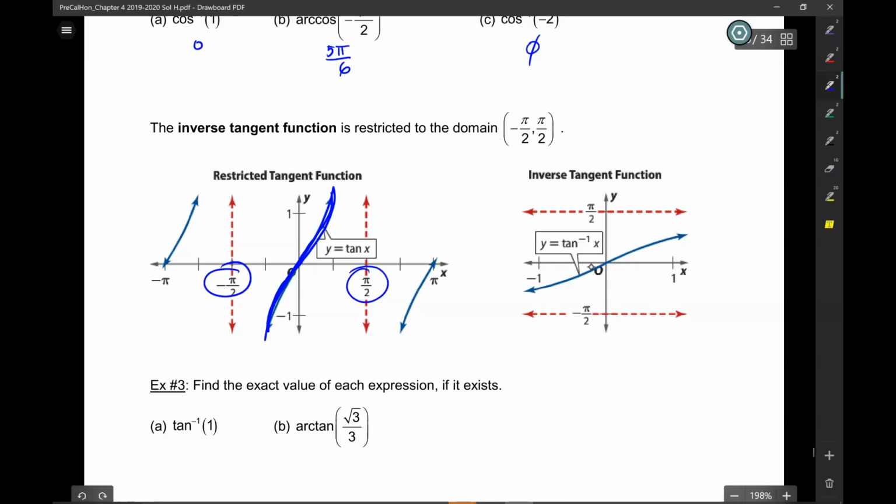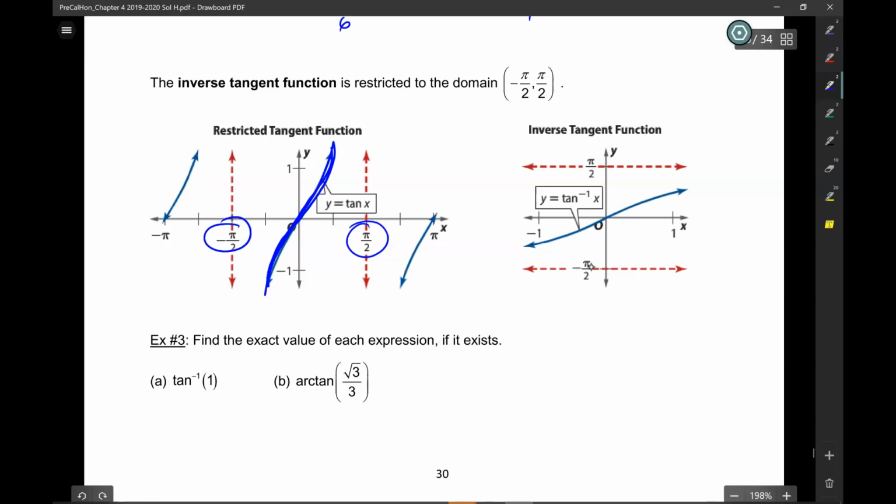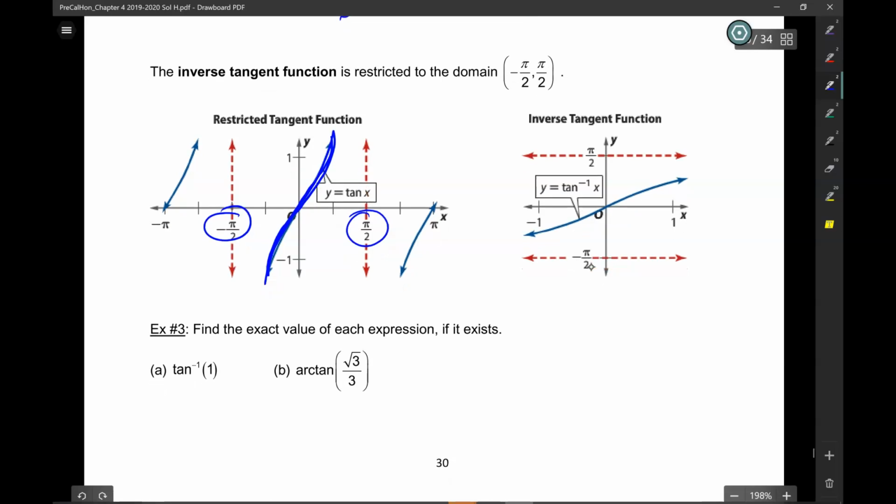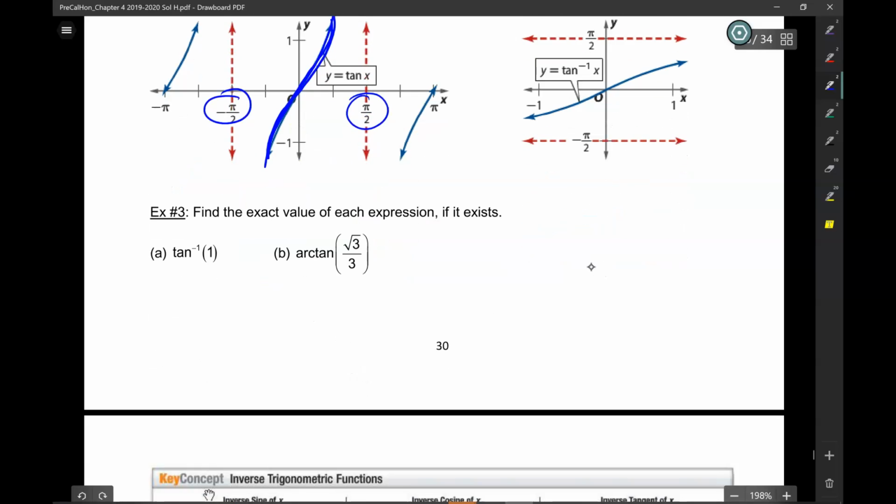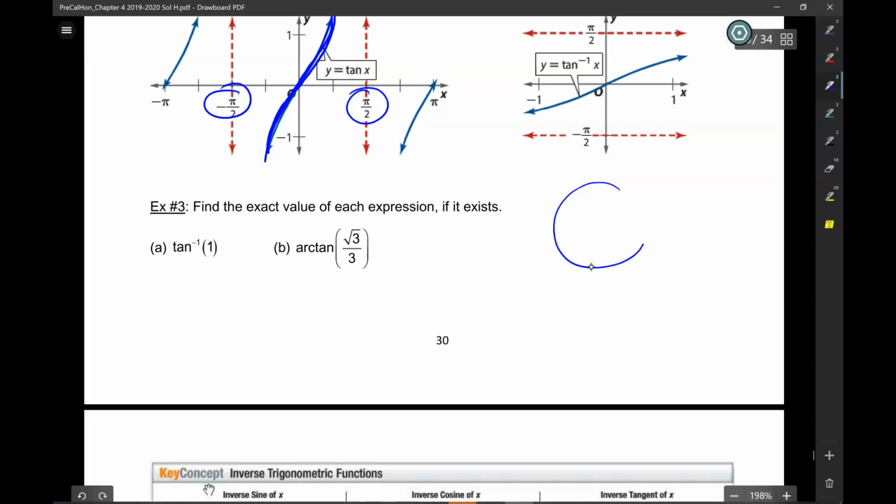Negative pi over 2 to pi over 2. Is that familiar? Which other one had negative pi over 2 to pi over 2? Sine. Except, can this hit negative pi over 2? No. Can't hit pi over 2 either because there are asymptotes there. So where does that leave us? Negative pi over 2 to pi over 2, right?